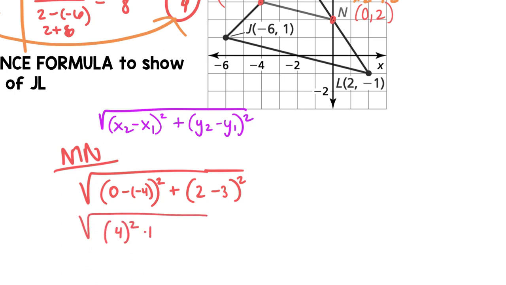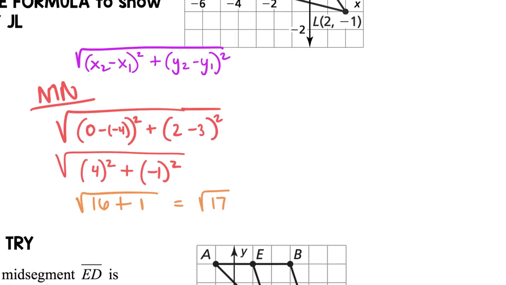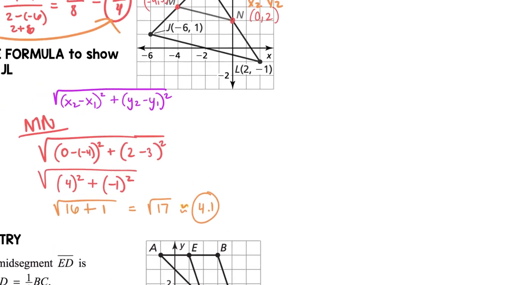So this is 4 squared plus -1 squared, which is the square root of 16 plus 1, the square root of 17. In a calculator, the square root of 17 is approximately 4.1 if you round. So that's the distance of MN.